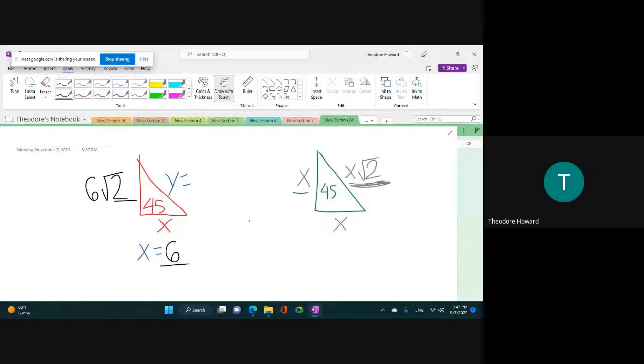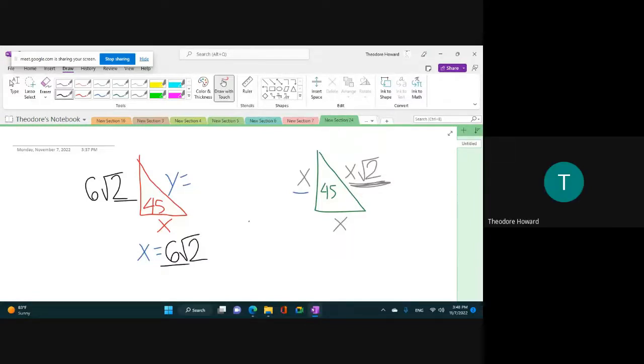Is that it? You asking me? Is that going to be it? It's just going to be 6 square root of 2. 6 square root of 2? That's right.